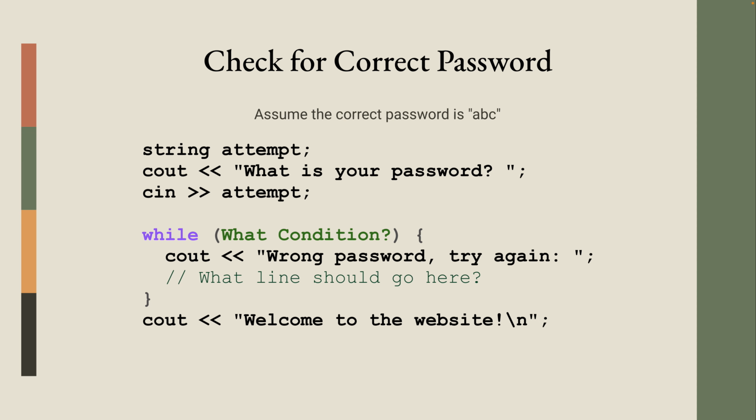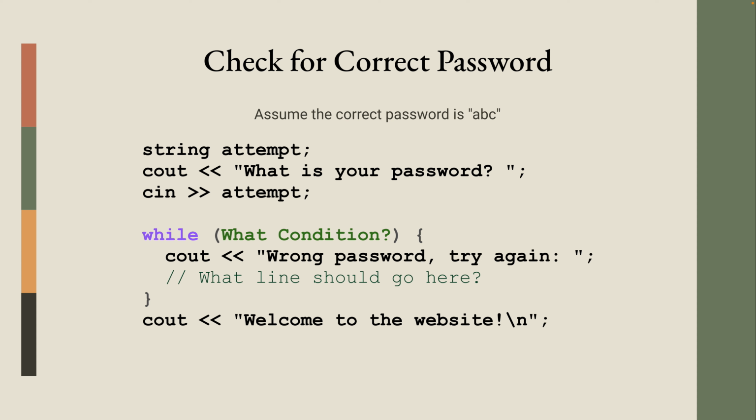Okay, so 2 practice problems here. Check for correct password. I'll give people a little bit of time to think about this one. Okay, so let's start with what should go in the loop so that we can keep getting values.